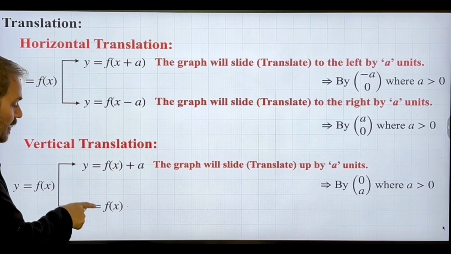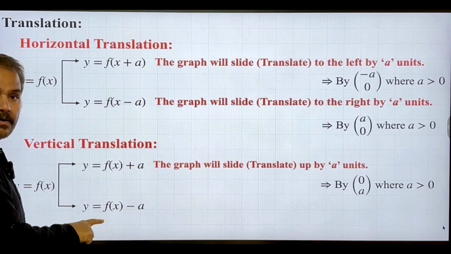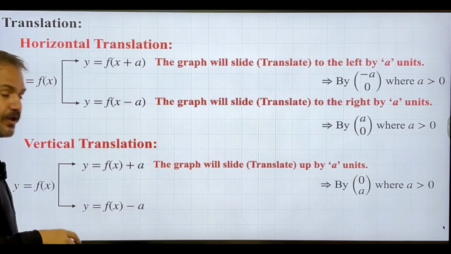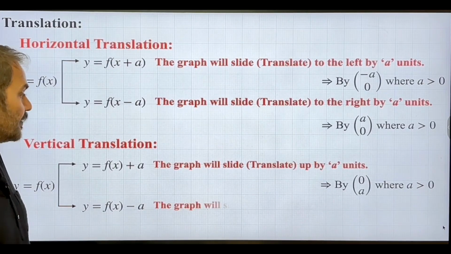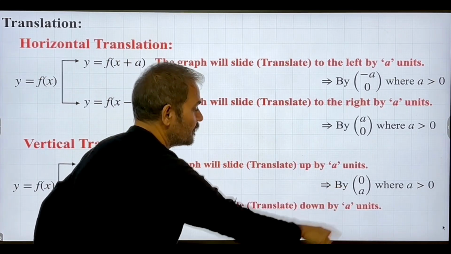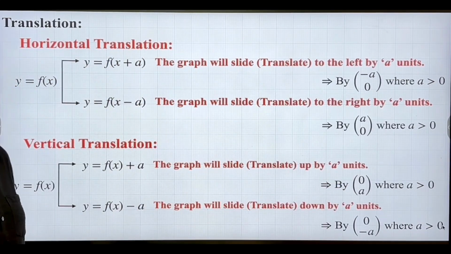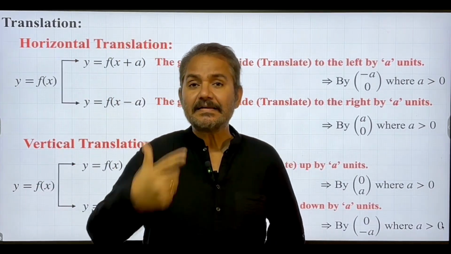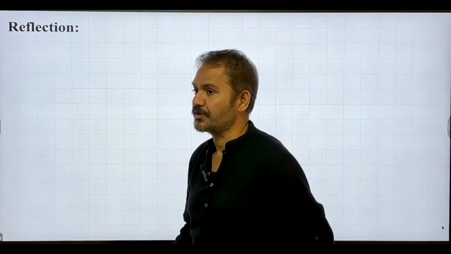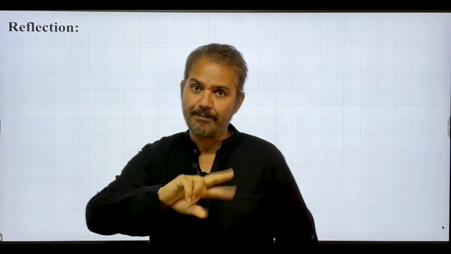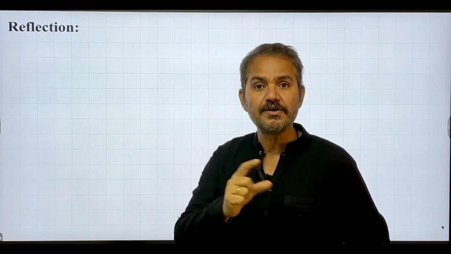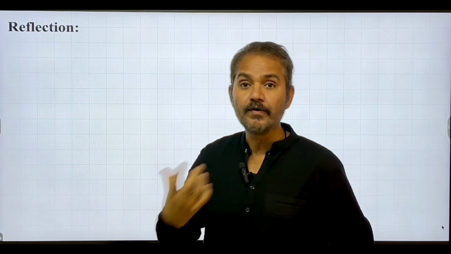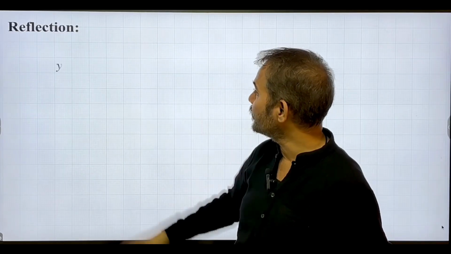And if it is f(x) - a, again the change is happening in the y component. When it is f(x) - a, your graph will slide down by a units, and we can express it as (0, -a) because it is sliding down. So these are translations. The other type of transformation is reflection, or a flip. When the sign changes, x becomes -x or y becomes -y, you will observe a reflection.